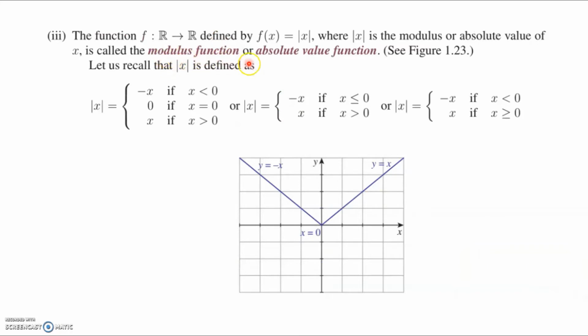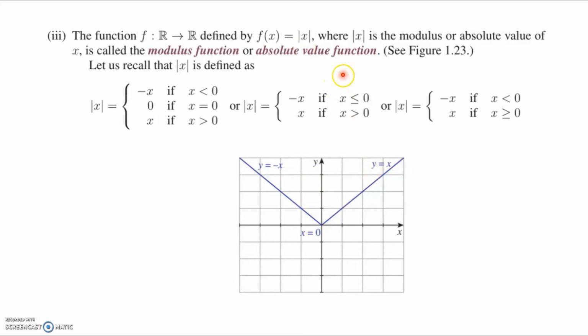Then the modulus function or absolute value function is a function which is always non-negative. When we say mod of x, it is minus x when x is less than 0, and x if x is greater than 0. So this is represented as mod x, and f(x) which is mod x will always be a positive number, never a negative number.